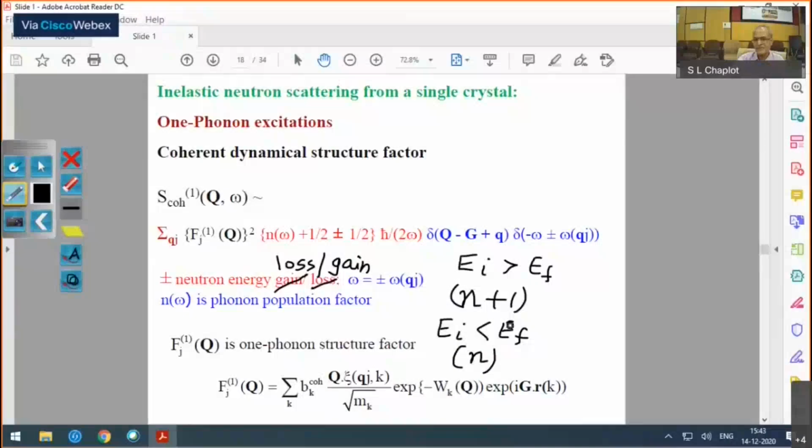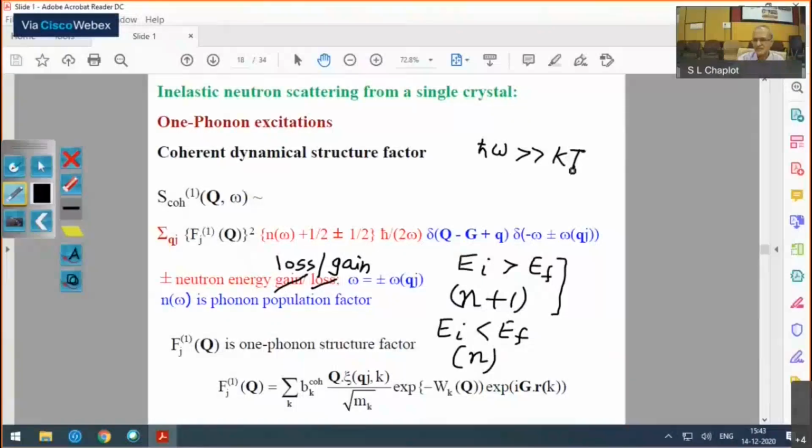Okay. Now, if the temperature is very small, then n is negligible. So you can see that this phonon would be measurable only in these cases. So at low temperature, now when we say low temperature, what we actually mean is that if ħω is much larger than kT.